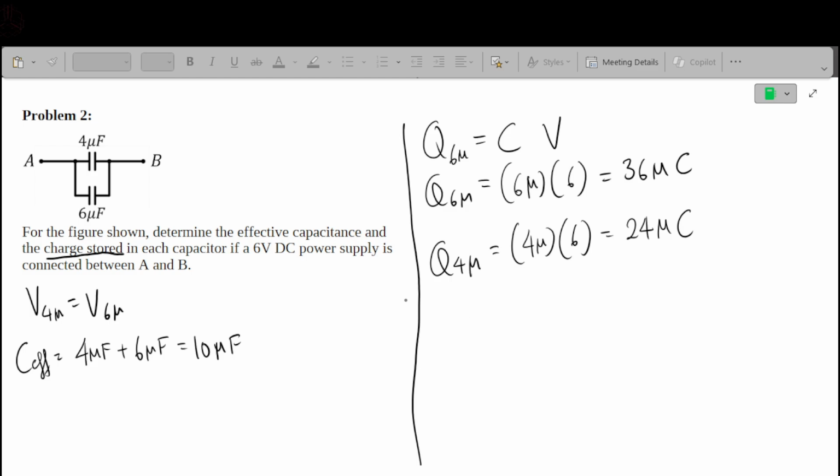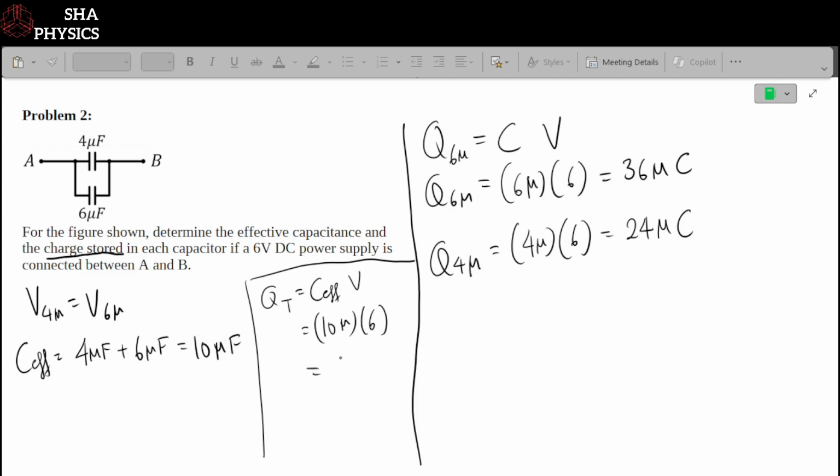If I make a check here, I calculate the Q total, which equals C effective times V. C effective is 10 mu, V is 6 volts, so there should be a total of 60 microcoulomb of charge. And 36 plus 24 definitely gives 60 microcoulomb.